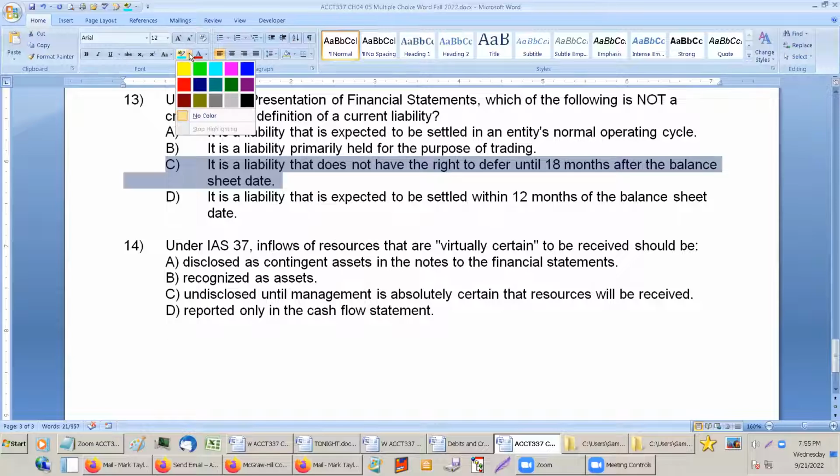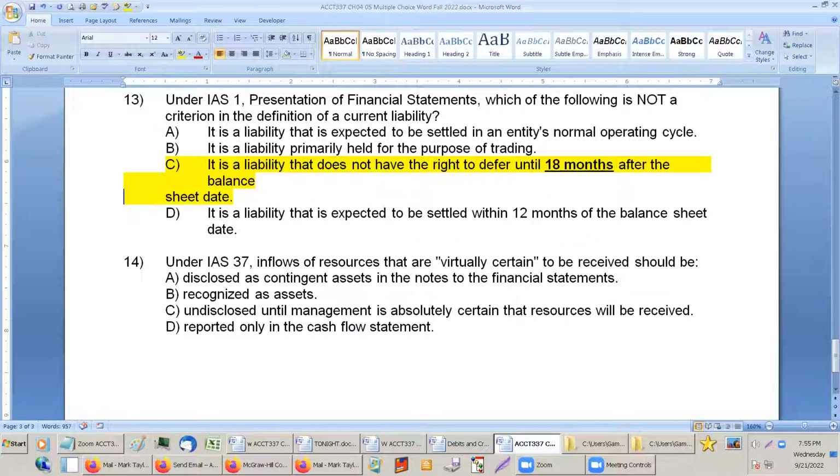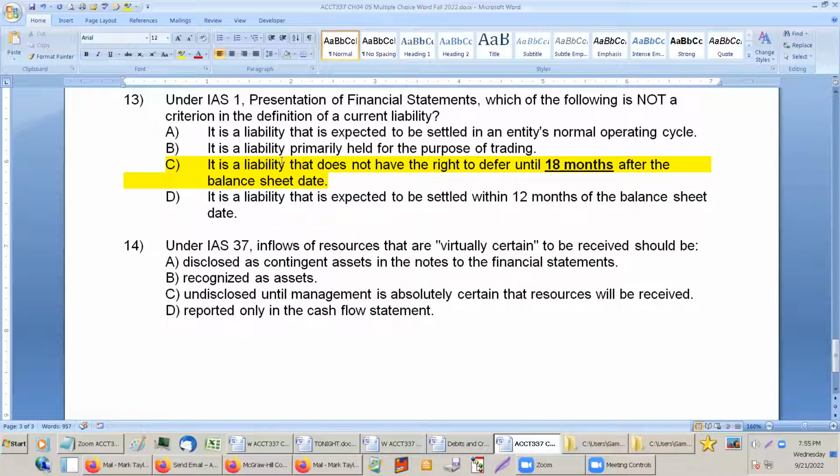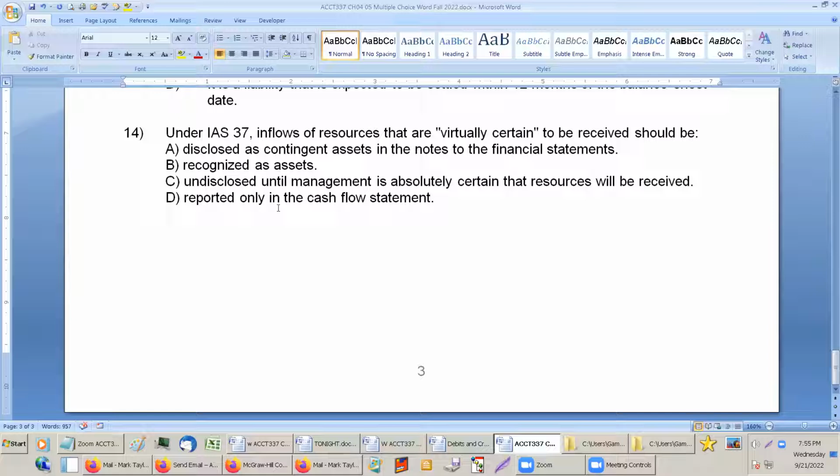Wait a minute. Yeah, the 18 months is. And what we're looking for is not a. I don't think we talked about this one.